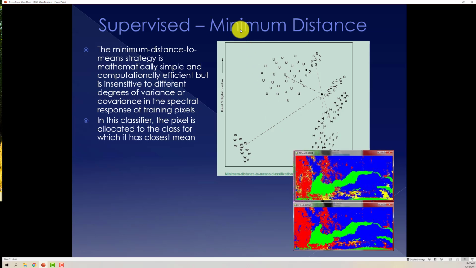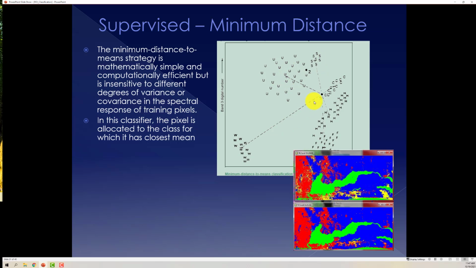This is a visual of that minimum distance, and so if we have our mean here represented by the dot, you can see the clusters of pixels of wheat and hay and the different other fields that we saw earlier in this presentation. And so they all have a mean, which is represented by this plus sign that you can see. It doesn't stand out all that well, but here's a good example of a plus sign.